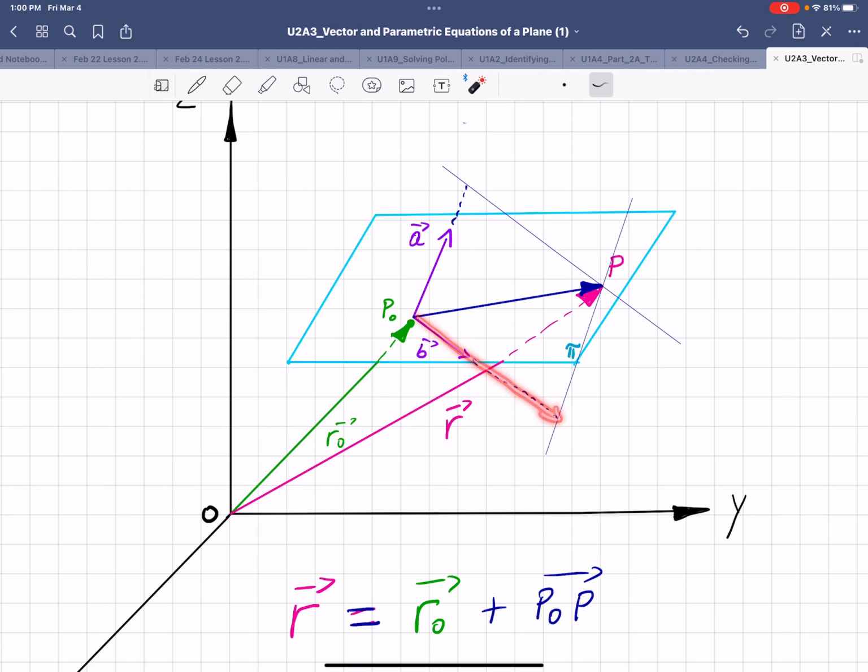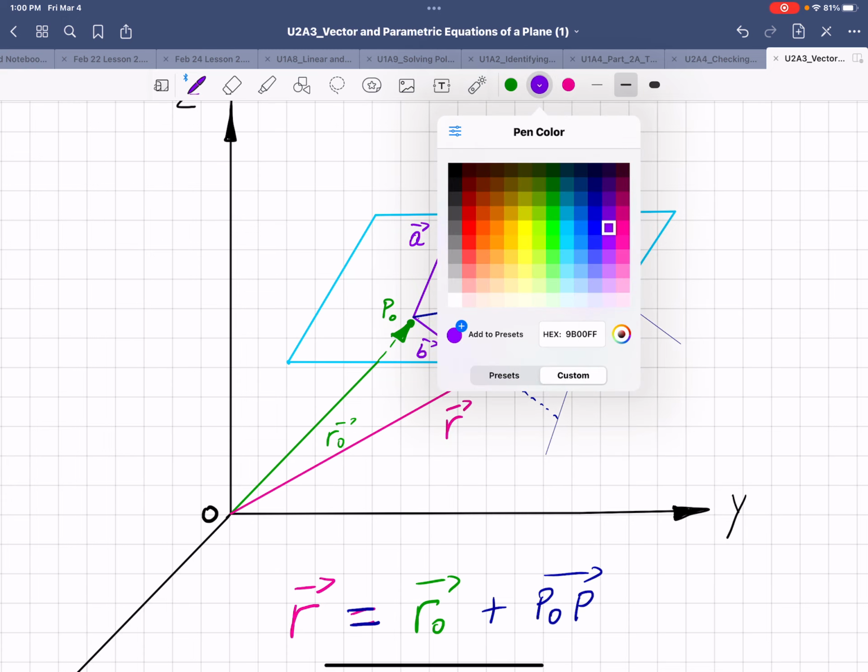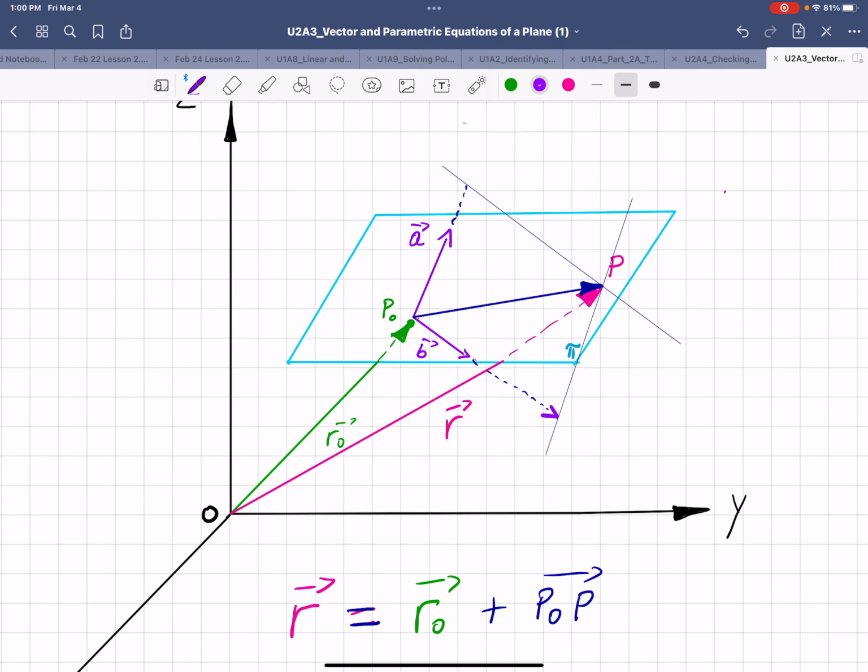This vector follows the direction of direction vector B, so it will be a scalar multiple of vector B. We're going to call this KB. And similarly, this vector here is following the direction of vector A, so that will be vector KA. So we'll say that P0P would equal vector KB plus KA.